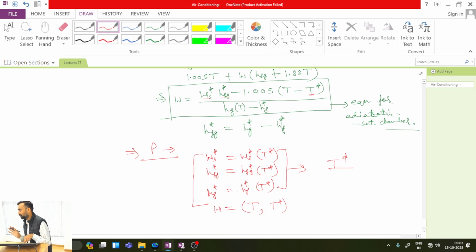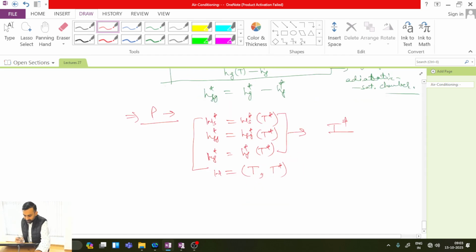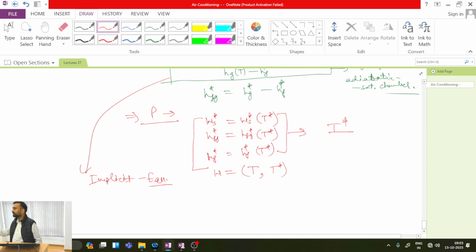Are all clear to this point or not? Then you need to iterate on this equation to come to a value of T star which satisfies this particular relation. Is this point clear? So this particular equation is an implicit equation, where the unknown itself creates a functional relationship for other parameters.